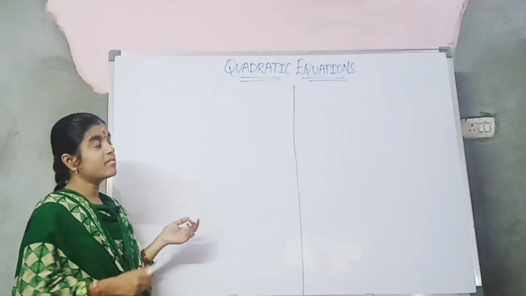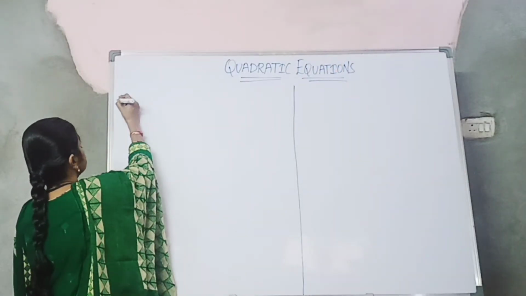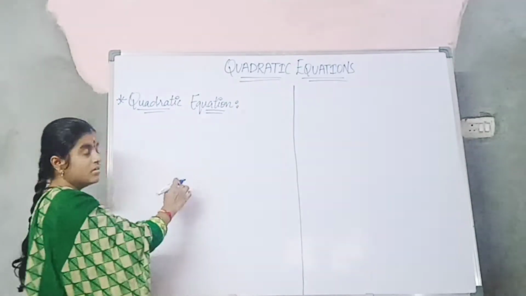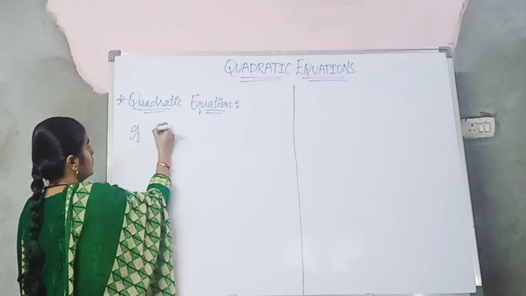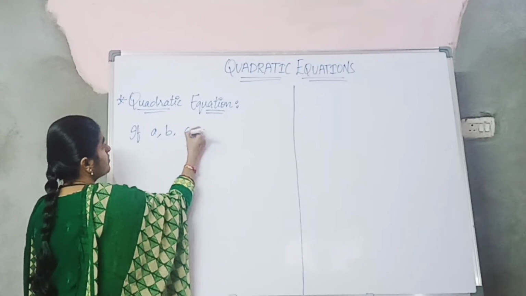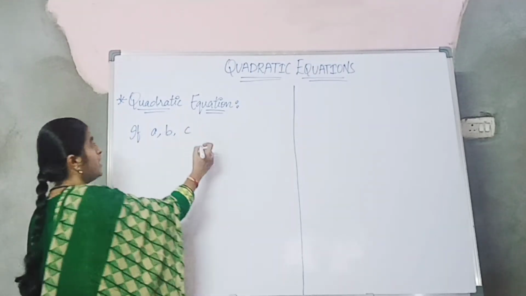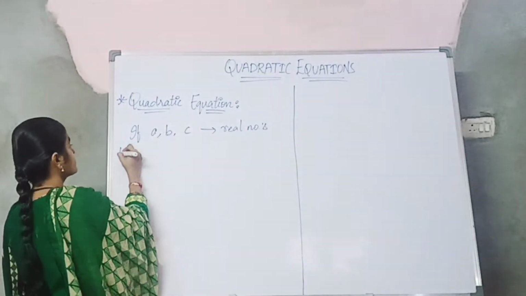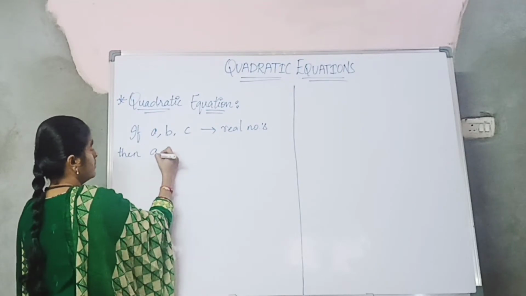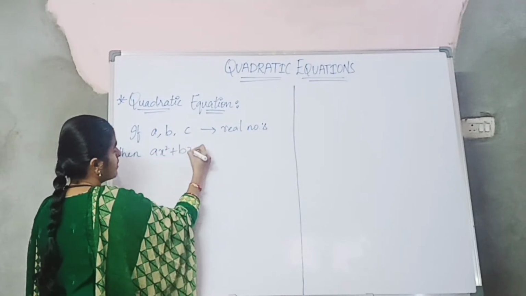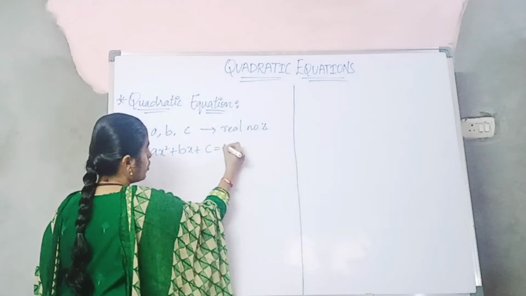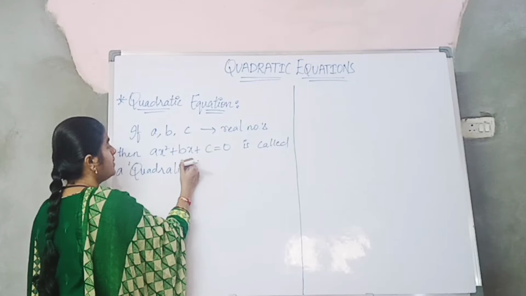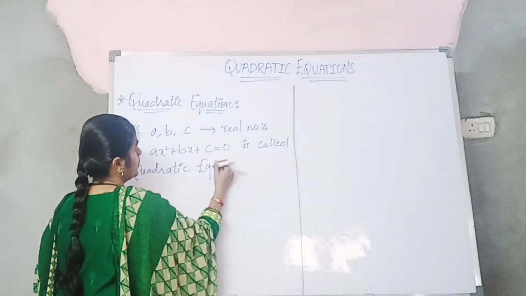Now let us discuss the definition of quadratic equation. If a, b, c are real numbers, then ax square plus bx plus c equals to 0 is called a quadratic equation.